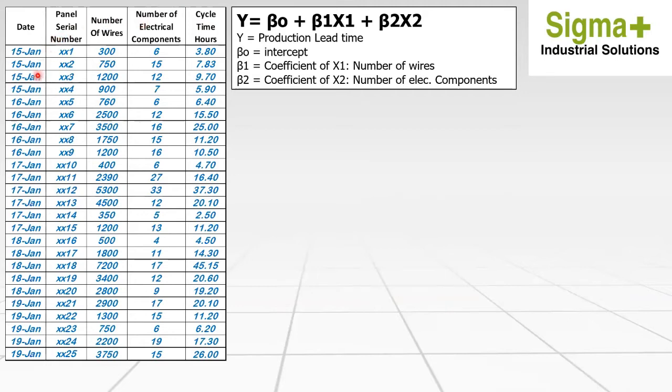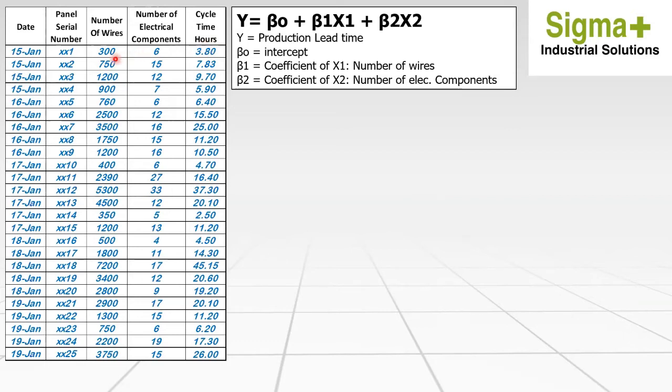So this is the production form which Adam designed, and we can see that they collected 25 panels. Each panel contains a different number of wires and a different number of electrical components. There's the cycle time in hours.